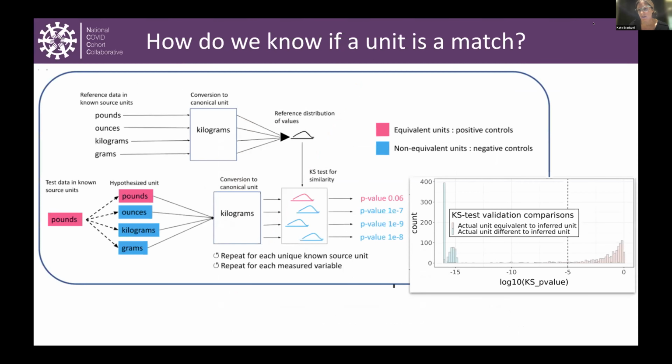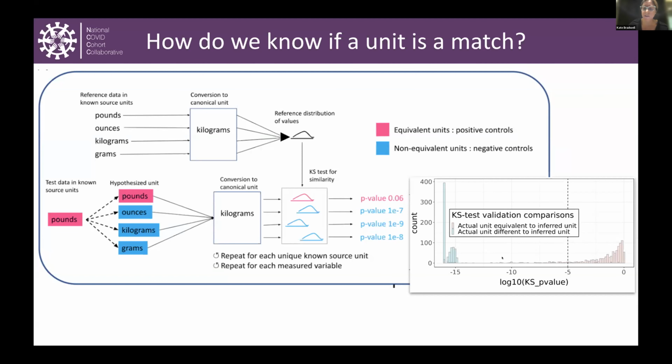So when we're applying the KS test, we actually had a really great suggestion by Steve Johnson to mask known units per measured variable per site, and perform the KS test and see what p-value you get out of the KS test when you perform conversions in the different units, and whether, when it's the actual known unit that's used, you get a p-value that's much above a threshold that we can assign.